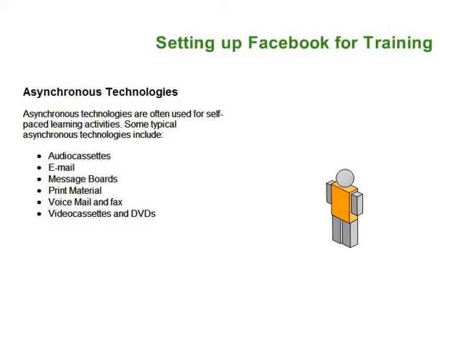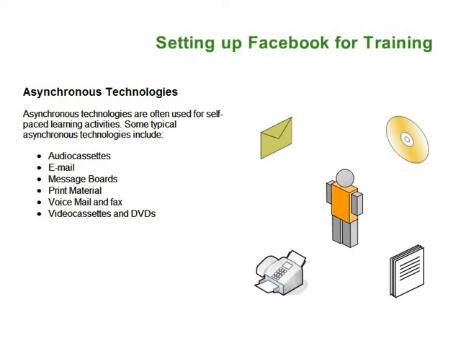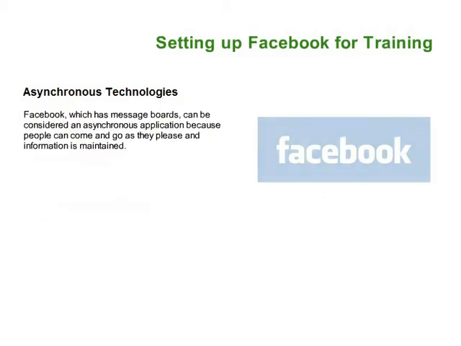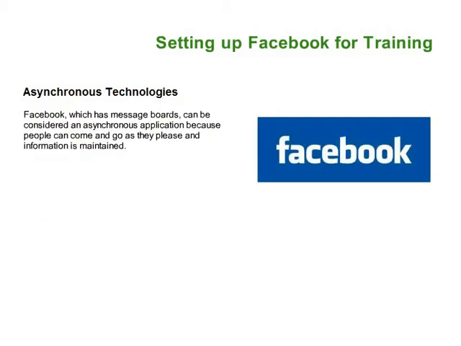Some typical asynchronous technologies include audio cassettes, email, message boards, print material, voicemail and fax, video cassettes and DVDs. Facebook, which has message boards, can be considered an asynchronous application because people can come and go as they please and information is maintained.